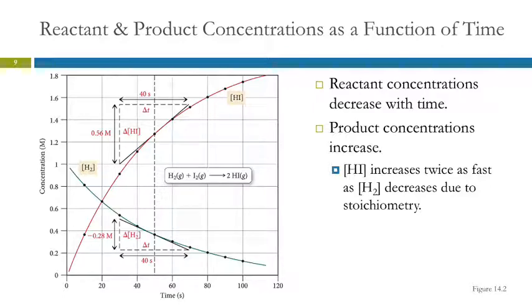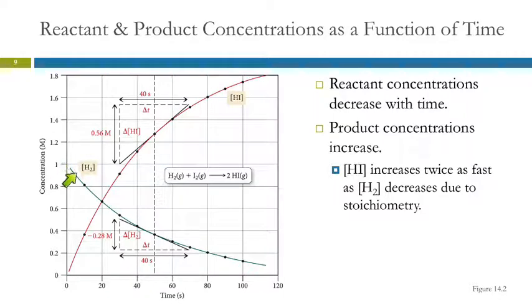So in this graph, we have the concentration in moles per liter of different things as a function of time in seconds. I'm still having that same issue with my iPad. So the green line here, it is green, isn't it? Yeah. Is the concentration of one of the products, the hydrogen concentration.